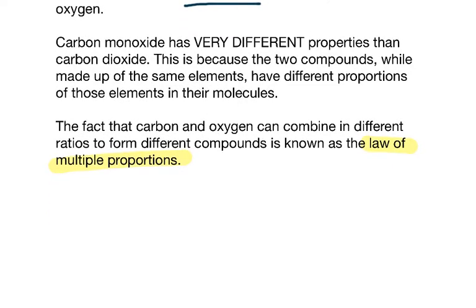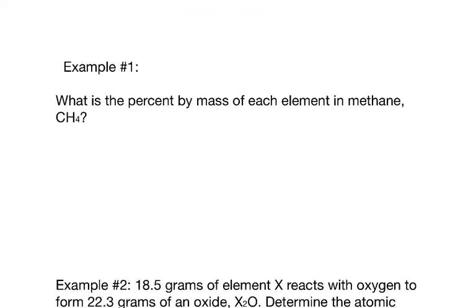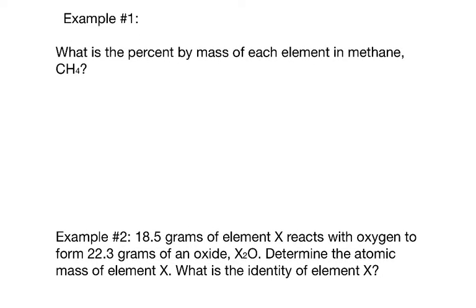I just want to do a couple quick examples to show you mathematically how this concept would come in handy. The first one is, what is the percent by mass of each element in methane, CH4? Well, the first thing you want to do is find the molar mass of CH4.